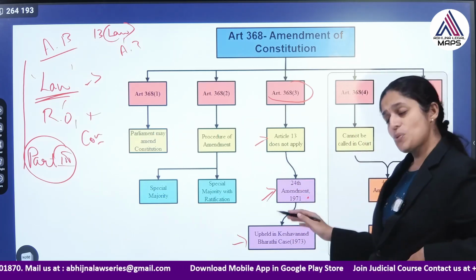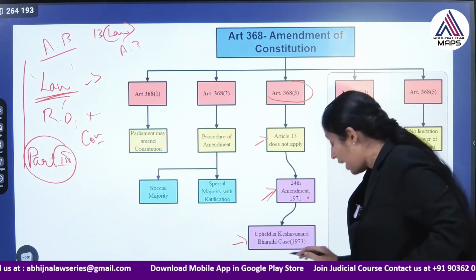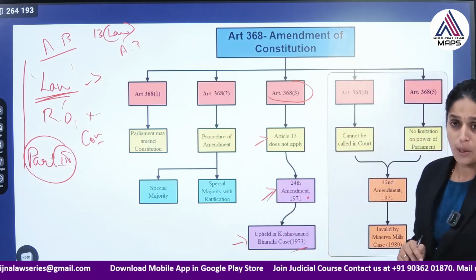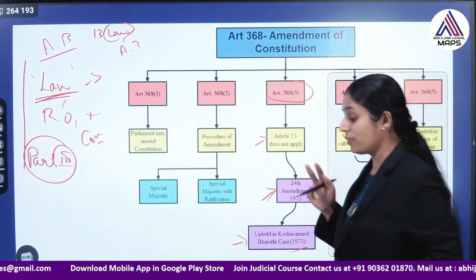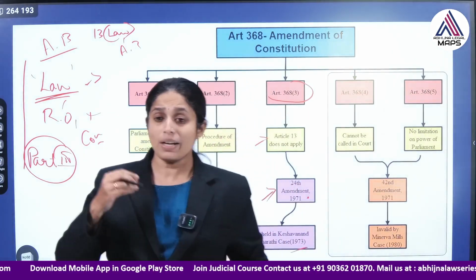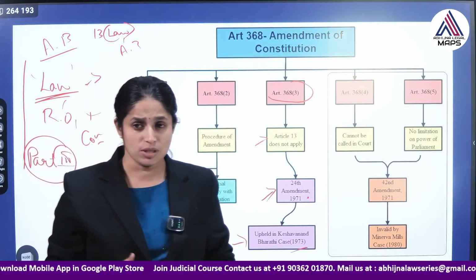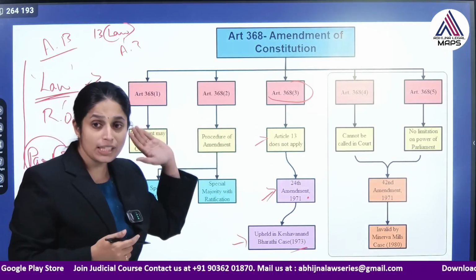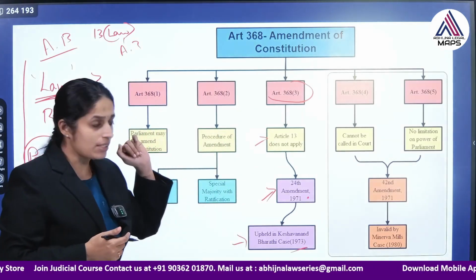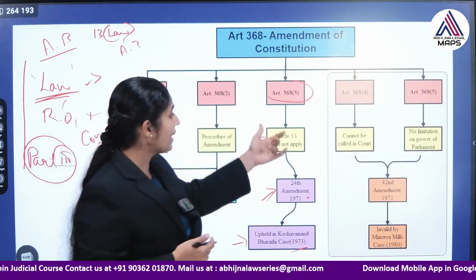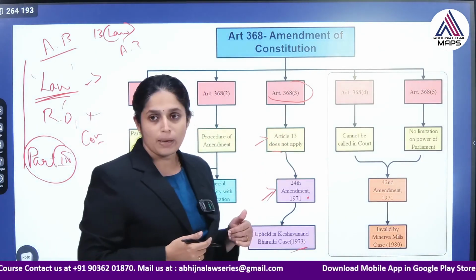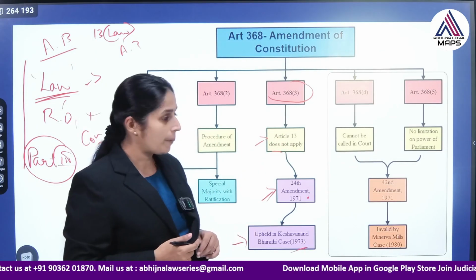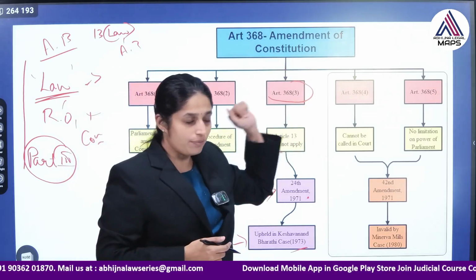Later, the Kesavananda Bharti case was heard by a bench of 13 judges, the largest ever bench in the history of India. It upheld the constitutional validity of the 24th Amendment 1971 and said that Article 13 does not apply. This was the state of affairs till then.